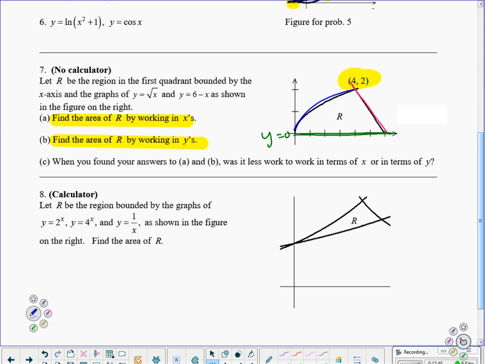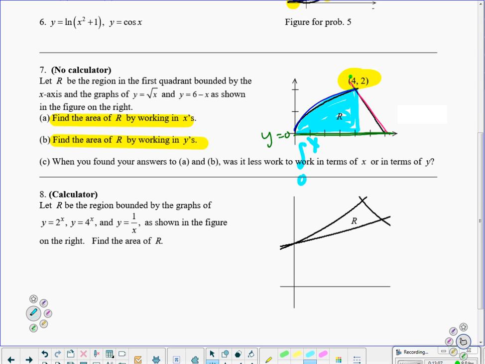I really need to bust this into two regions. I would have region number 1, let's use this narrower one. I could do this region by integrating the blue curve y from 0 to whatever. Oh, I know it. It's 4, 0 to 4.